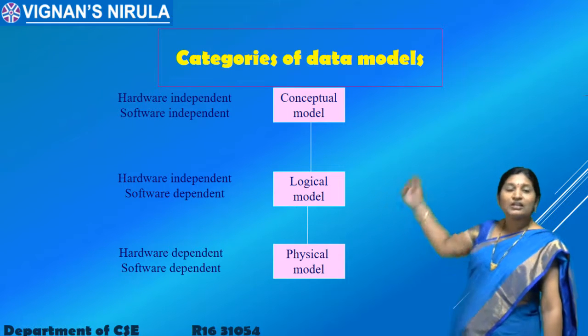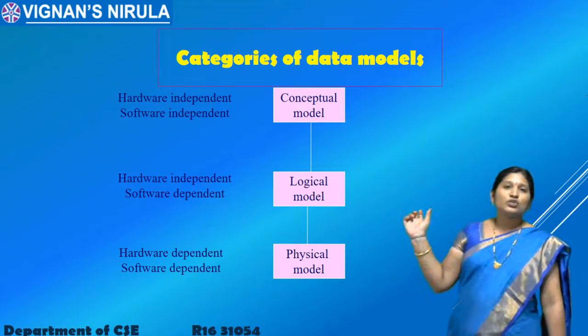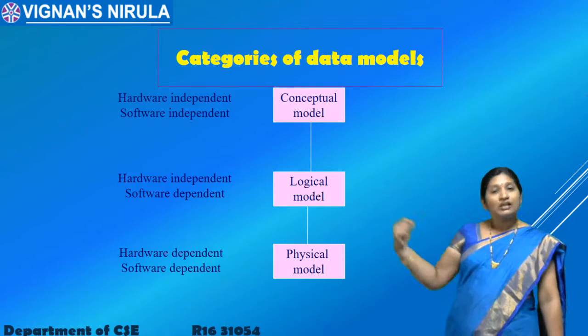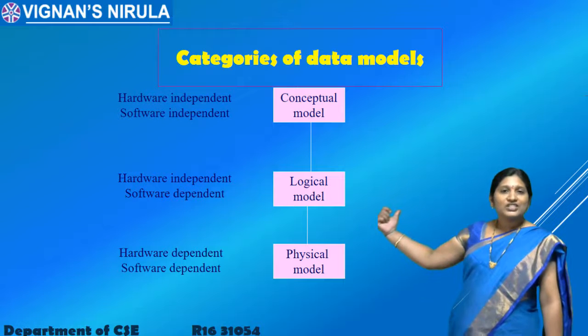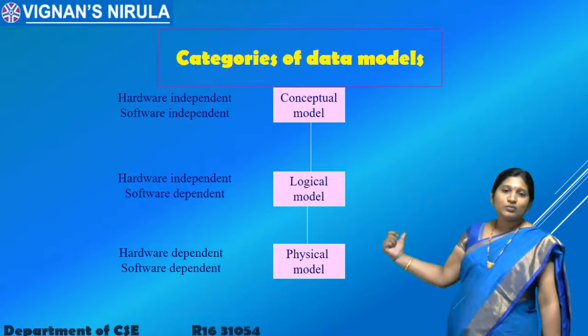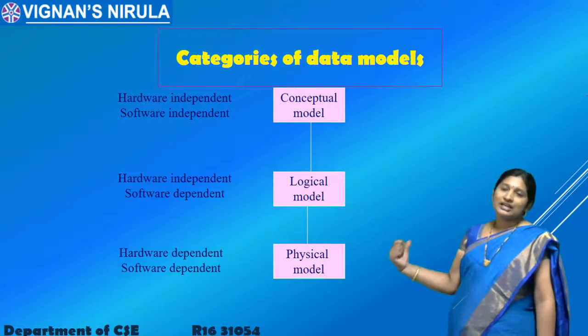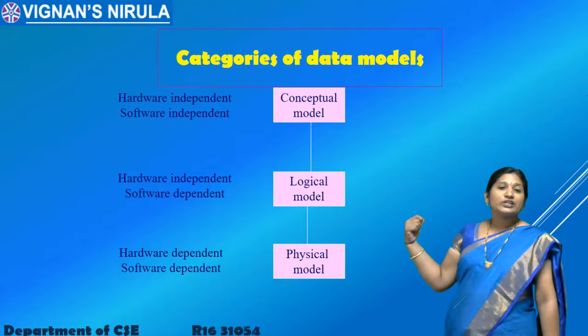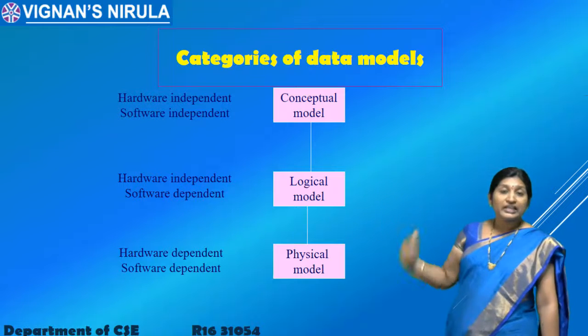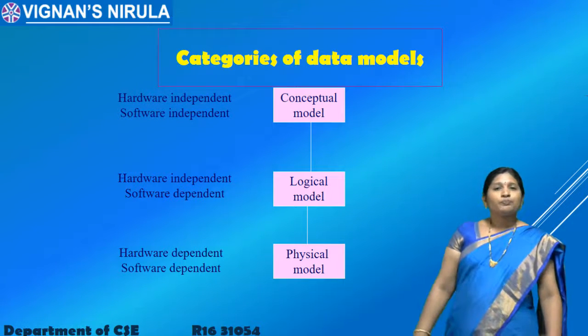To refine again, the three categories of data models available are the physical data model, which is hardware dependent and software dependent; the logical data model, which is hardware independent and software dependent; and the conceptual data model, which is both hardware independent and software independent.